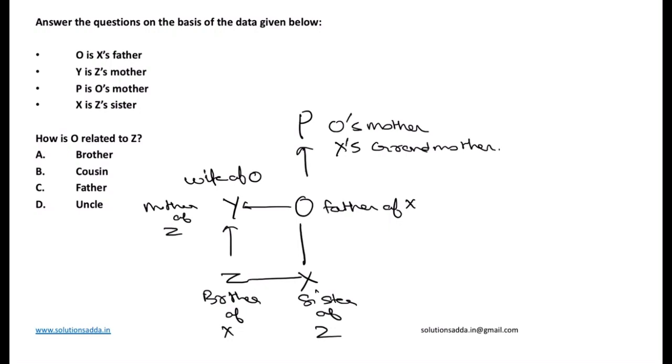Since O is father of X and X is Z's sister, therefore O is also father of Z. Correct answer for this question is option C, father.